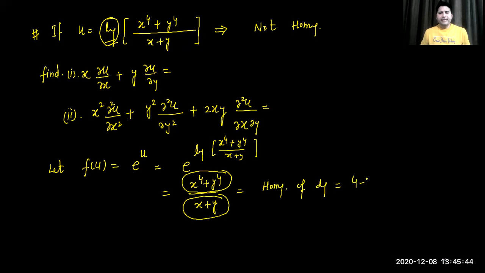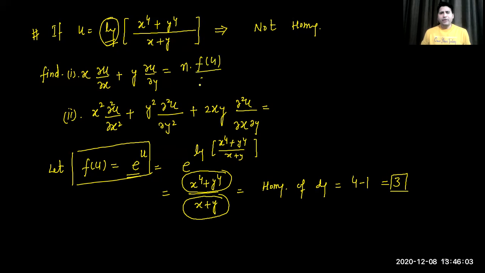Degree of numerator minus denominator, that is 3. So u is not a homogeneous function, but e to the power u is a homogeneous function of degree 3. So this will be n times f(u) upon f'(u), which is what? 3 times f(u), which is e to the power u. Its differentiation is also e to the power u. So it will be 3.